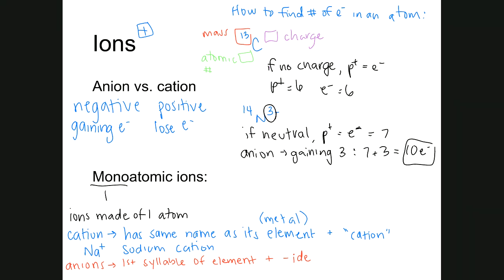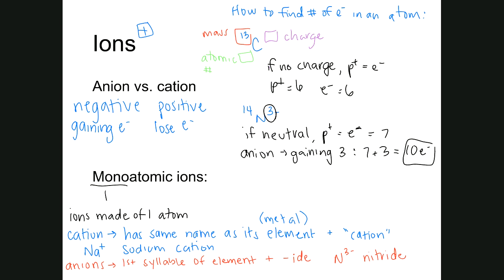So we looked at nitrogen up above, N3-. So we keep the first syllable, which is "nite," right? And then add on the ide. So this is called nitride. And sometimes you'll see the word anion added on. Sometimes you'll just see it as the nitride ion.